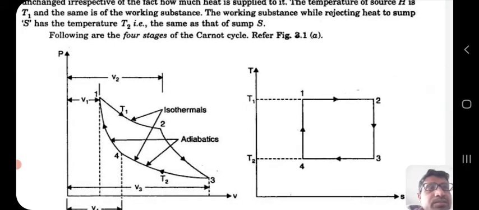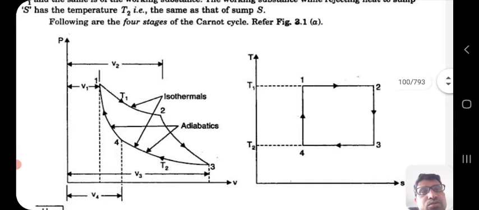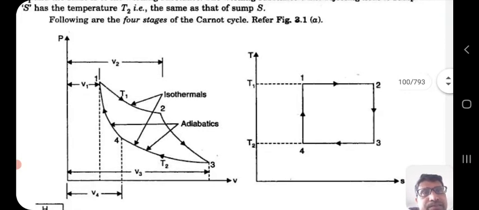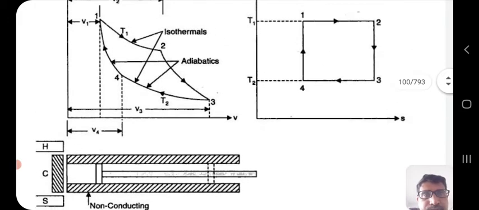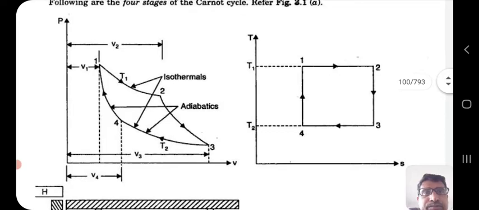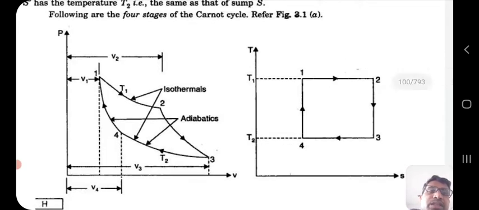The temperature of the source H is T1, the same as that of the working substance. The working substance, while rejecting heat to the sink S, has the temperature T2, that is the same as that of the sink. Now, following are the four stages of the Carnot cycle.